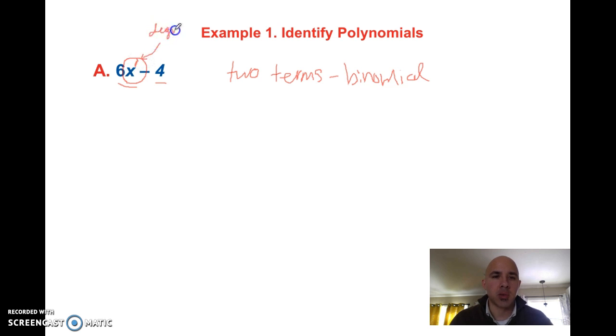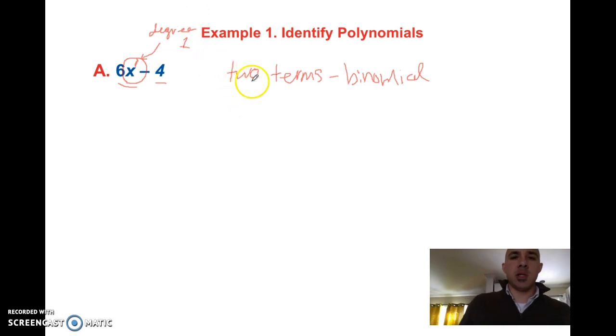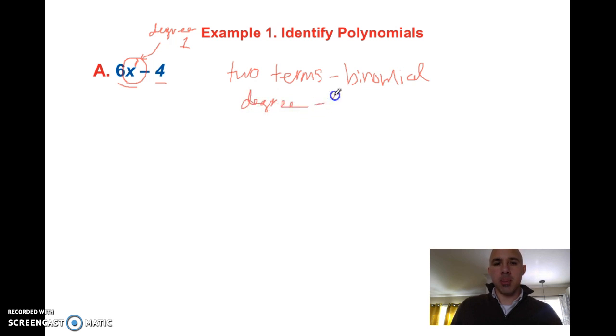It's going to be the highest one with your variable. So the degree is 1. So the 2 things here: yes, it is a polynomial, and you have 2 terms, which is a binomial, and your degree is 1. If you have any questions, please let me know.